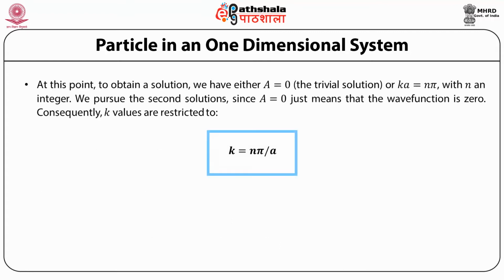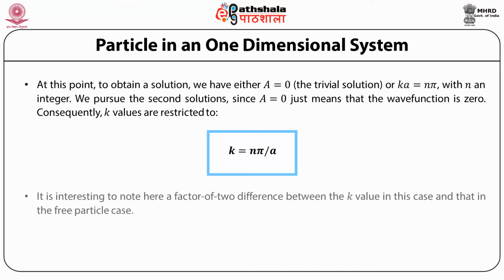So at this point, in order to obtain a solution, we have either A equal to 0 or ka equal to n pi, with n as the integer. Now A equal to 0 just means that the wave function is 0, which is not possible.